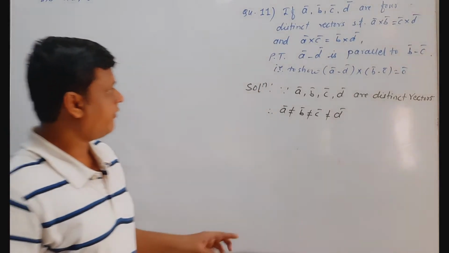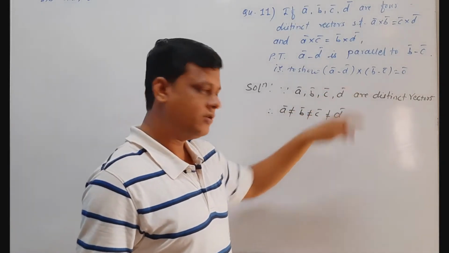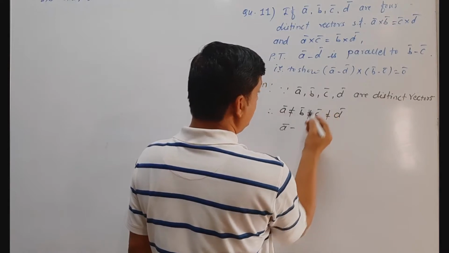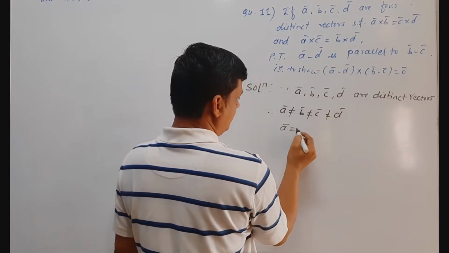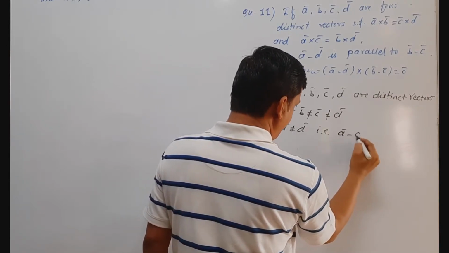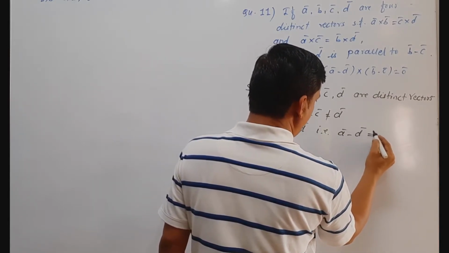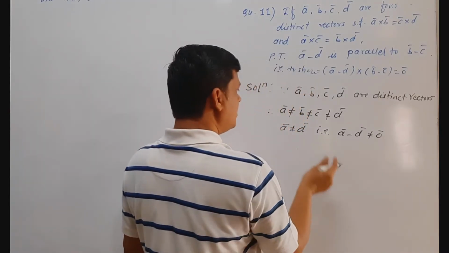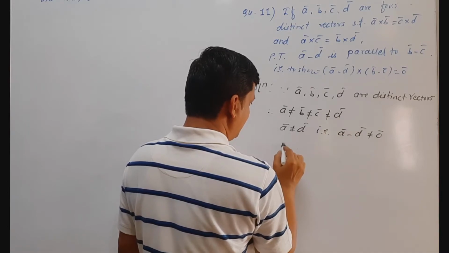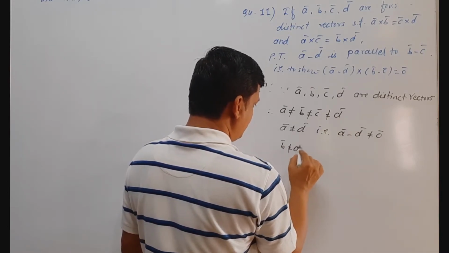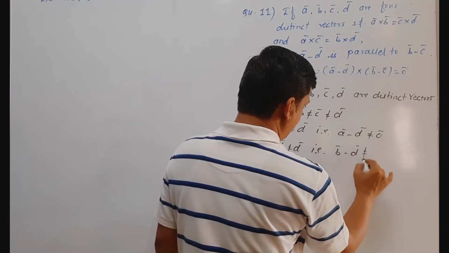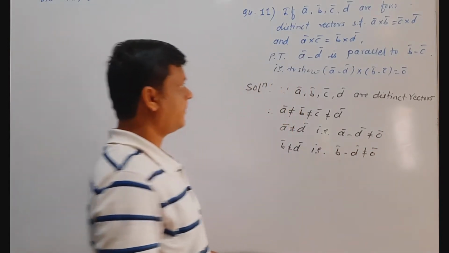Now we require vector A bar minus D bar, so we take A bar not equal to D bar, that is A bar minus D bar not equal to 0 vector. Similarly, we require B bar minus C bar, so we write B bar not equal to D bar, that is vector B bar minus D bar not equal to 0 vector.